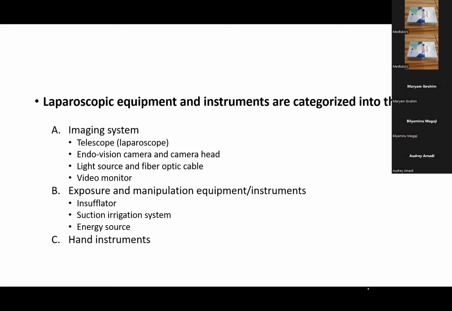Now, this is a broad classification of the equipment. But for better understanding, we are going to discuss each of these categories in a separate lecture so that we understand the principles behind each of them.